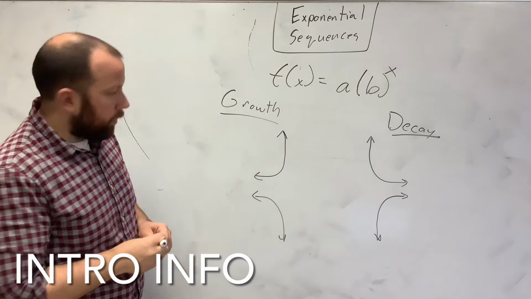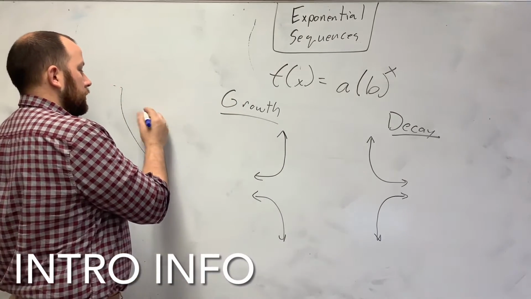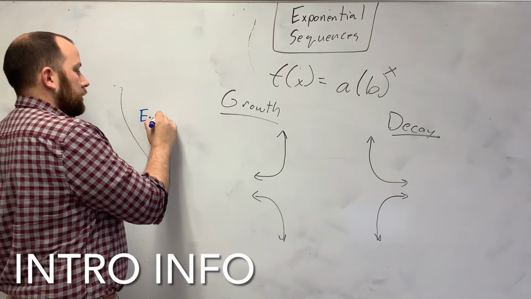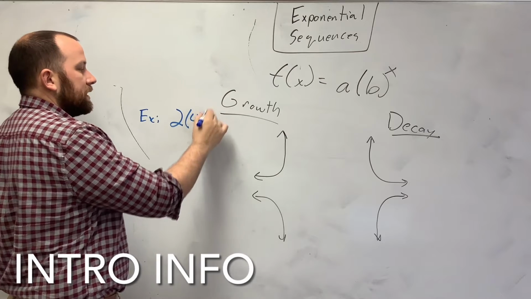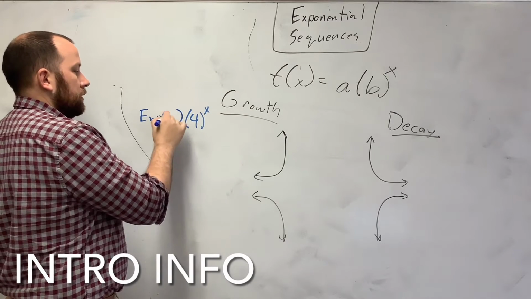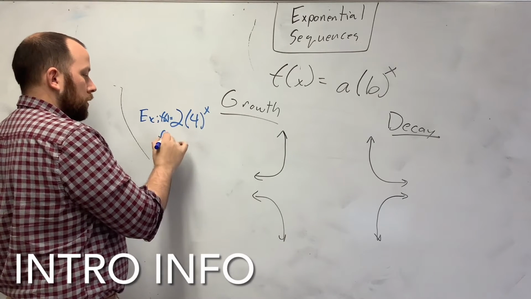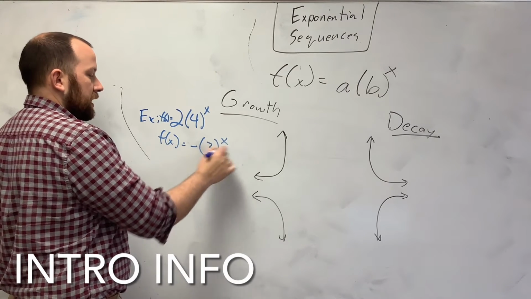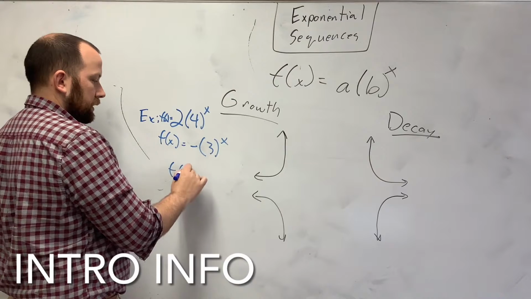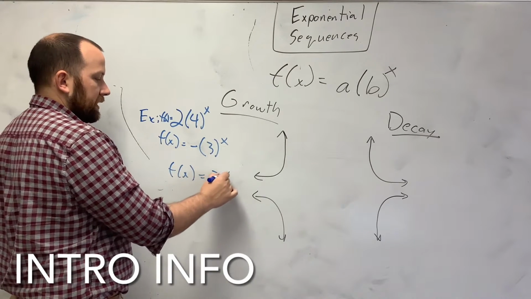So, some formulas on how this would look would be 2 times 4 raised to the x, or negative 3 raised to the x, or just 3 raised to the x.